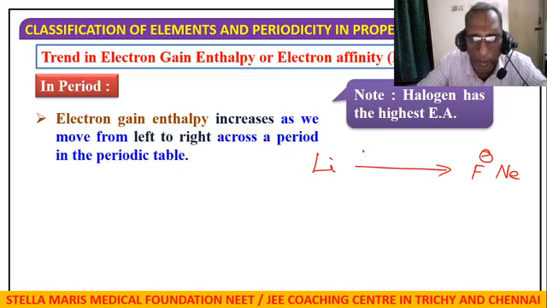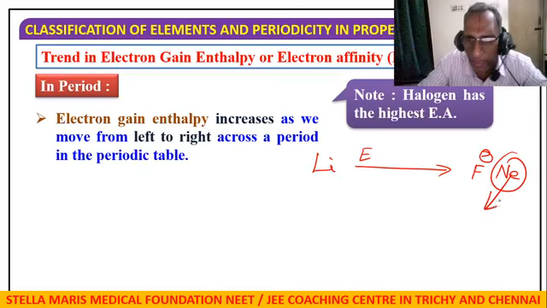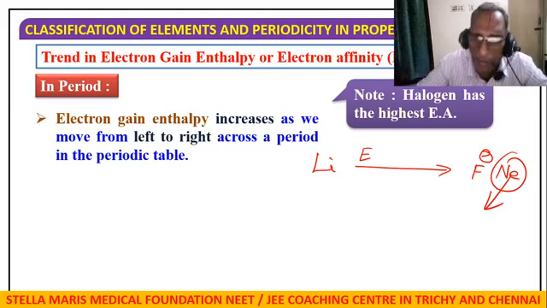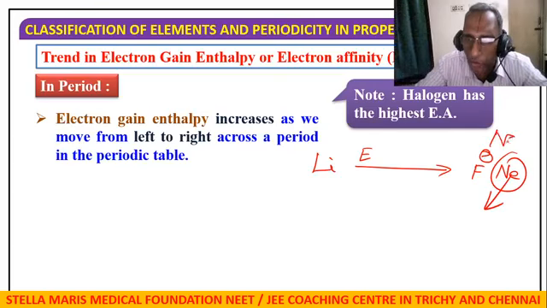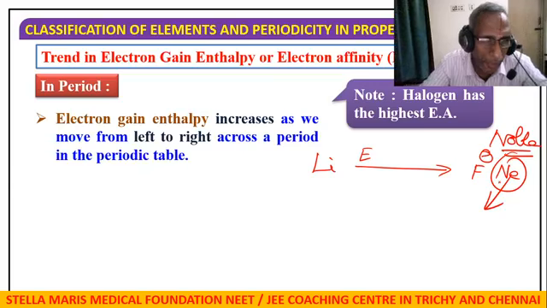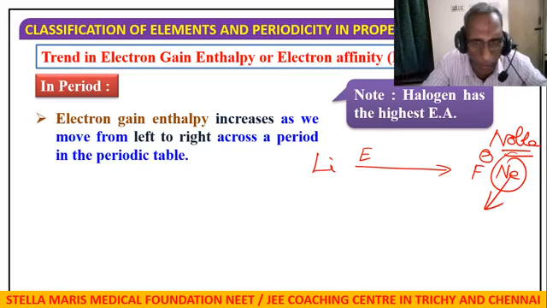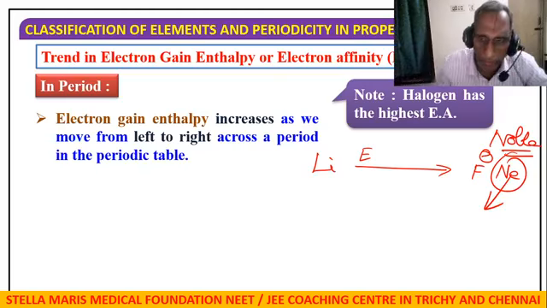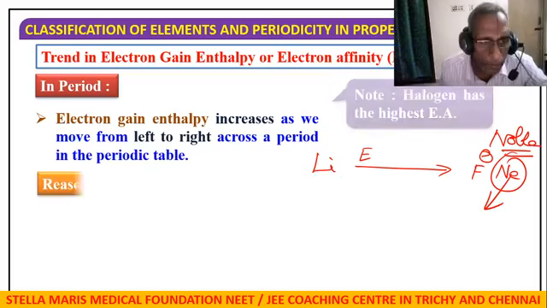So electron gain enthalpy increases from left to right. You should not consider noble gases for any case, ionization or electron gain enthalpy. Noble gases will neither give an electron nor accept an electron. They are neutral, so they are discarded here.